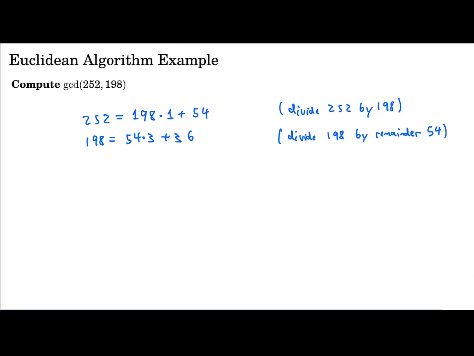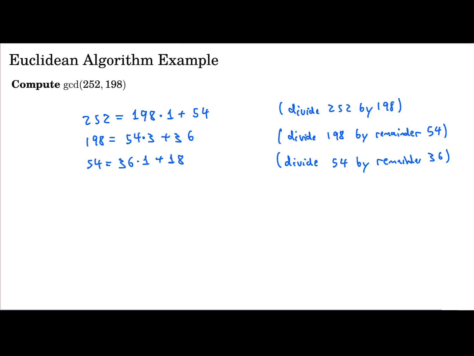Now we do the same thing. We divide the previous number, 54, by the remainder 36. If you do that, you get 54 equal to 36 times 1 plus 18.